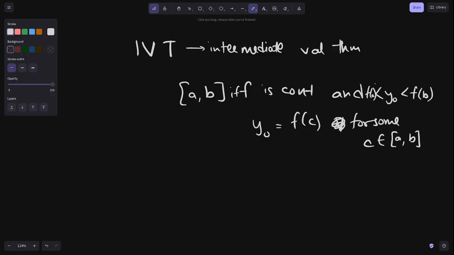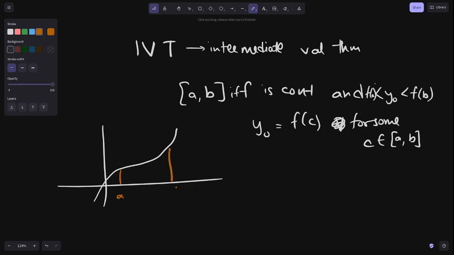So what it means is that, let's say you have a graph, right? Let's say this is my A, this is my B, and it is continuous between A and B. So this part is continuous. That means if you take any point here, it will have a value. That simple as that, nothing else. So it will have a value.